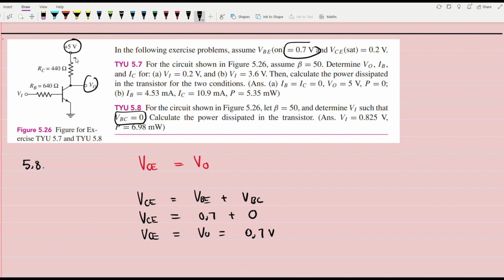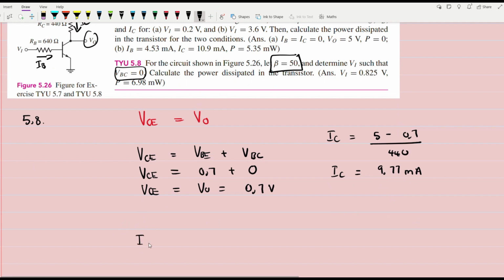Now that I have VO and that power source right there, I can find IC. IC is equal to 5 minus 0.7, divided by the resistor in between, which is 440 ohms. So IC is equal to 9.77 milliamperes. Now that I have IC, I can find IB using IC and this value right here.